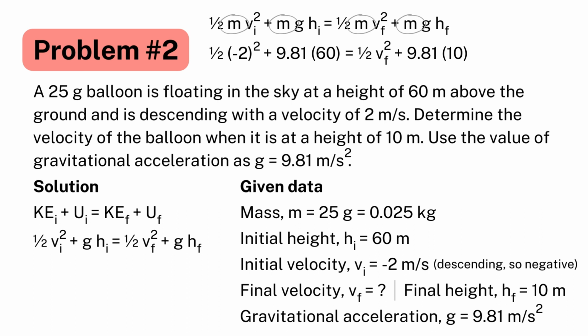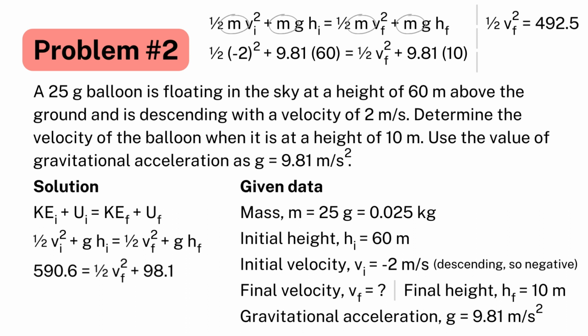The calculation further becomes 2 plus 588.6 is equal to half v final square plus 98.1. So 590.6 is equal to half v final square plus 98.1. Subtract the value and write as half v final square is equal to 492.5.